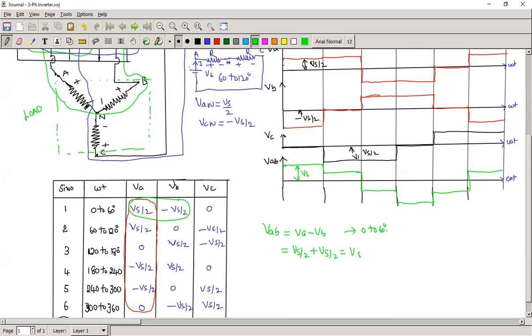In the same manner you have to make the calculation for all the remaining intervals. You get a step waveform. This magnitude is Vs by 2.